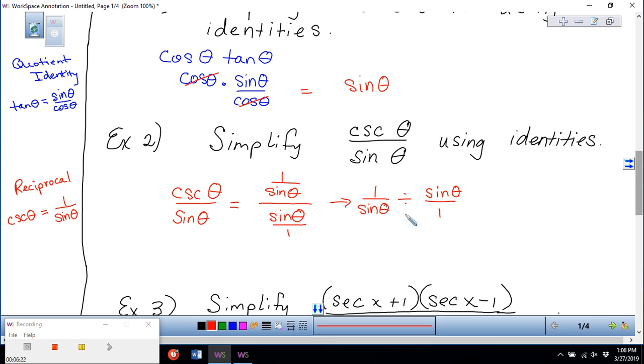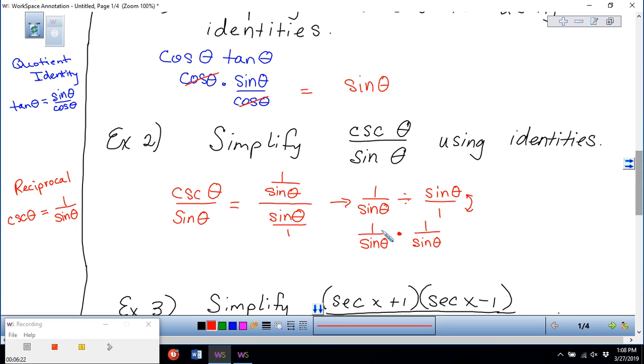And when we have a division of fractions, we keep the first term the same. So 1 over sine of theta is my initial term. The division changes to multiplication, and then we take our second fraction and we flip it. We do the reciprocal of it. So sine of theta over 1 is going to become 1 divided by the sine of theta.